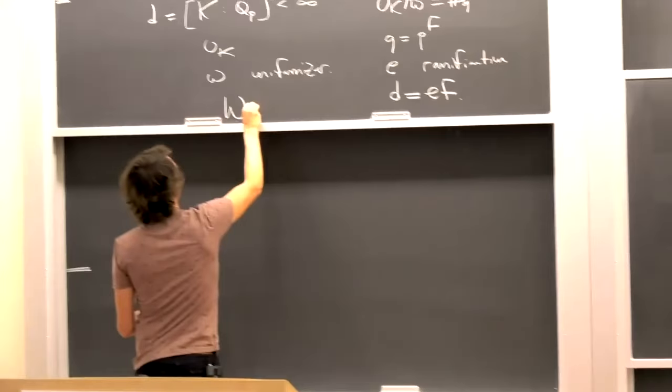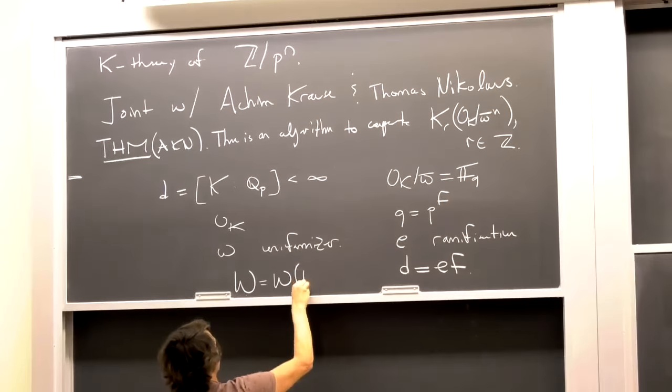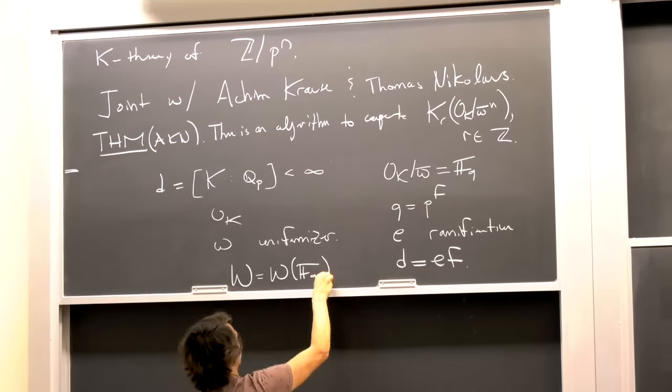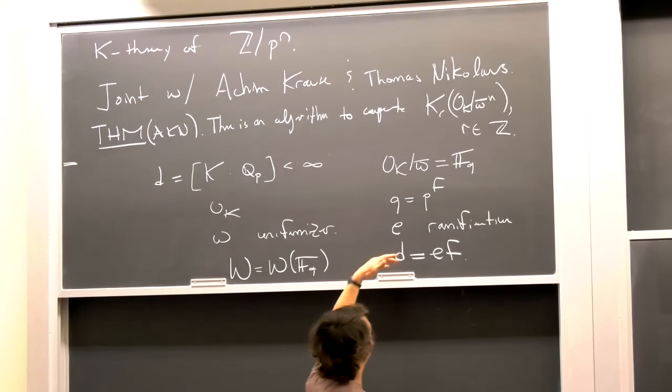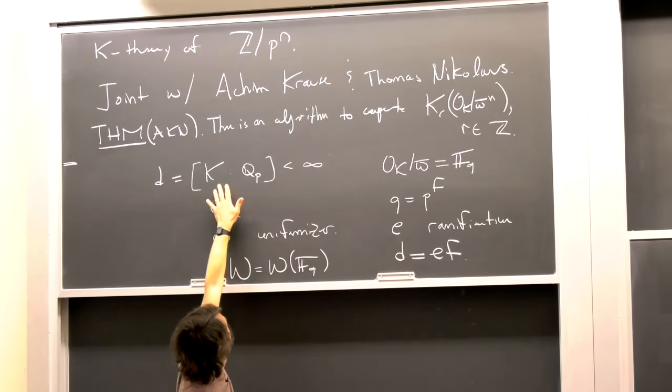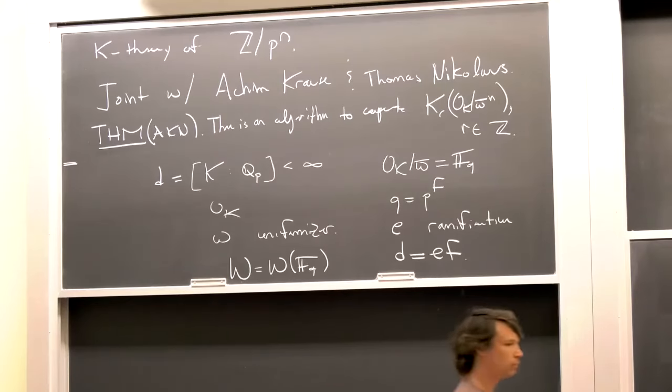One more piece of notation: let W be the ring of p-typical Witt vectors of F_q itself. That's the ring of integers in the maximal unramified subextension here.